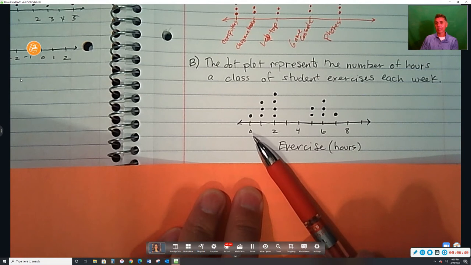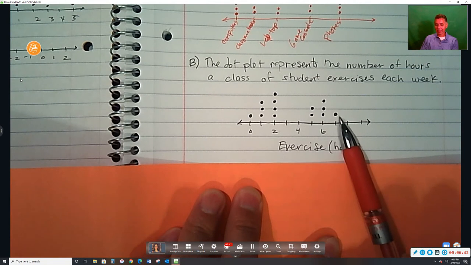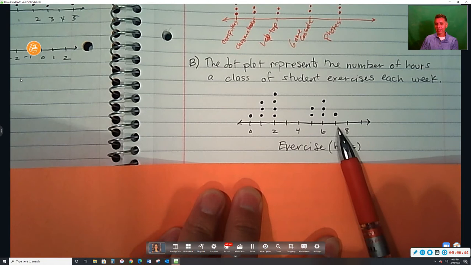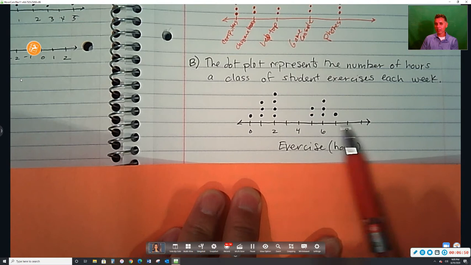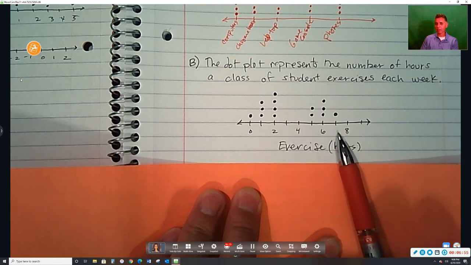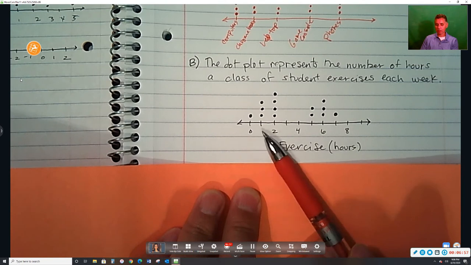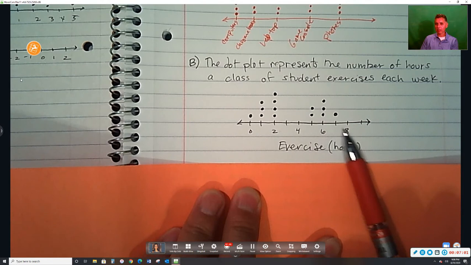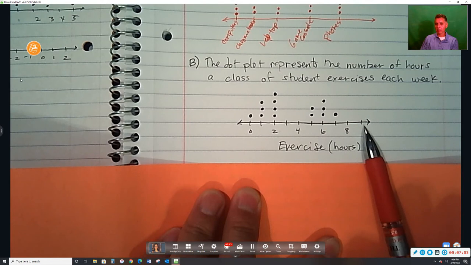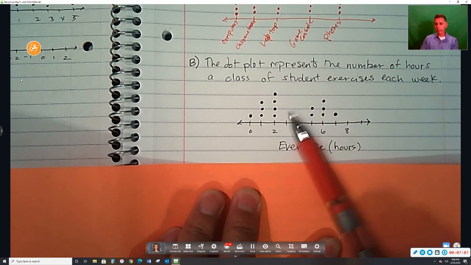You need to exercise more. And then over here you have one student that exercised 7 hours per week. Now sometimes on the line, not every number is represented, but you should understand there's a 7 there, because it goes 0, 1, 2, 3, 4, 5, 6, 7, right? 8, 9. And technically it goes on forever. So all of these dots represent people.